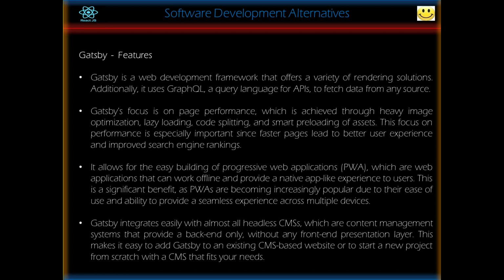Gatsby's focus is on page performance, which is achieved through heavy image optimization, lazy loading, code splitting, and smart preloading of assets. This focus on performance is especially important since faster pages lead to better user experience and improved search engine rankings.